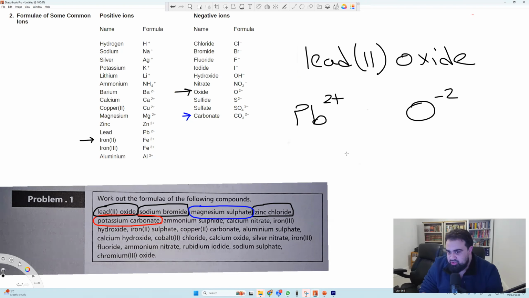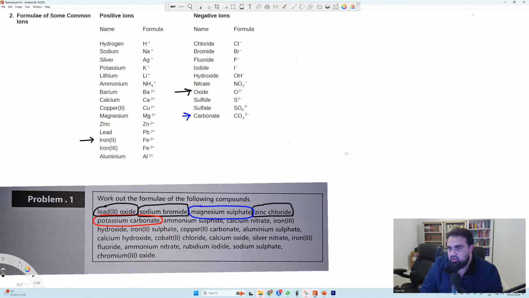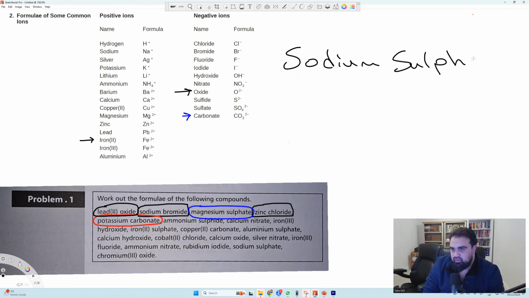Now, I want you to, by yourself now, write out the chemical formula for sodium sulfate. So how are we going to do this? Sodium is a +1 charge, and sulfate is a -2 charge.